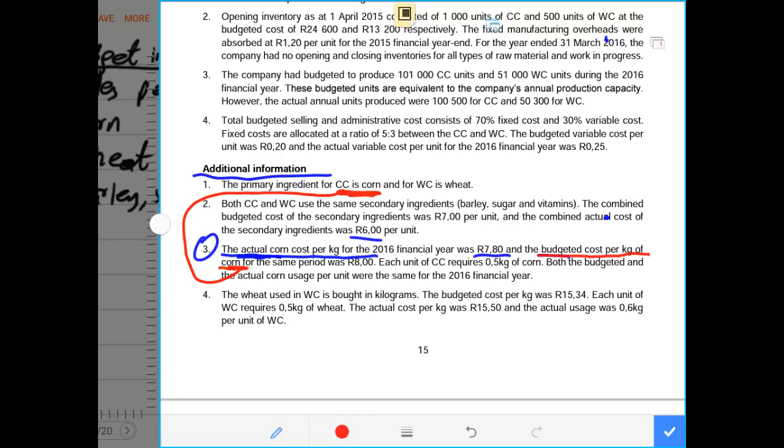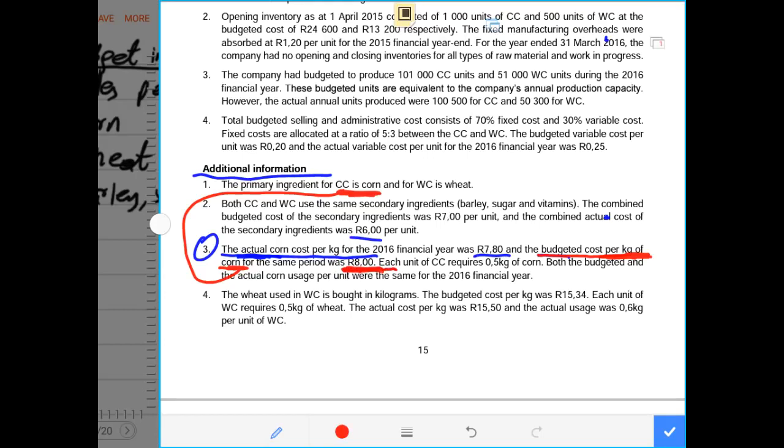So now when I see the budgeted information, which is 8 rand per kg, remember we're given the information in kgs. So the 8 rand, which is the budgeted cost per kg, and we need to know the budgeted kgs per unit, meaning we will have to say 8 rand times the kgs per unit, because this is not per unit but per kg.